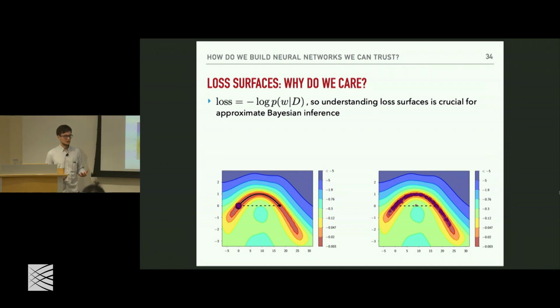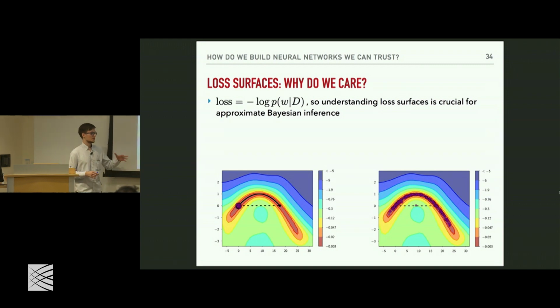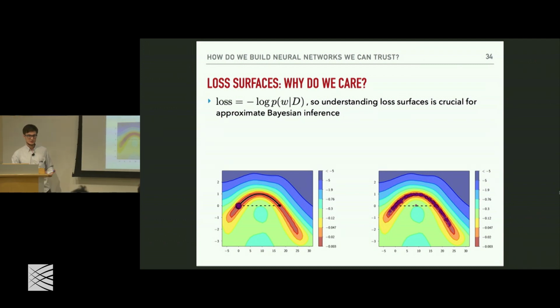And the most basic technique for approximate inference in neural networks is variational inference with Gaussian approximation that has an independent Gaussian for each of the weights of your network. If you just did that for this type of posterior geometry, you would only be able to capture a really small part of the posterior.